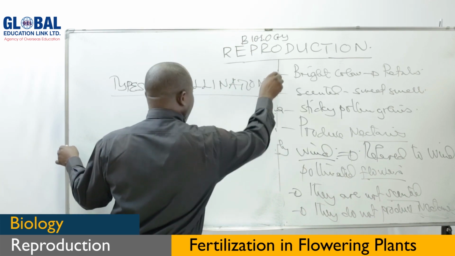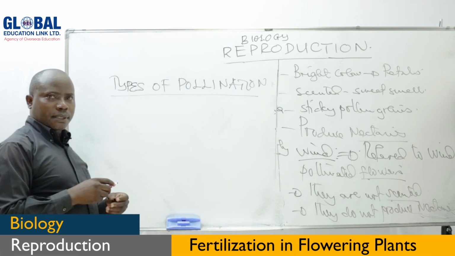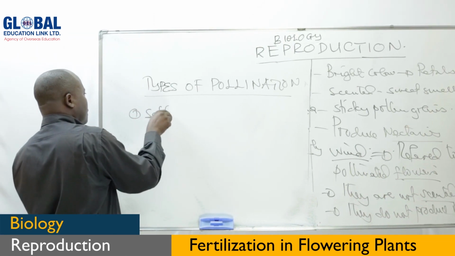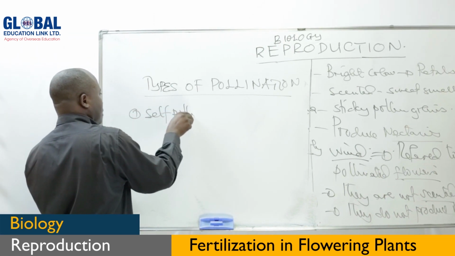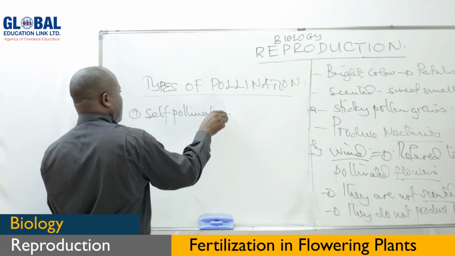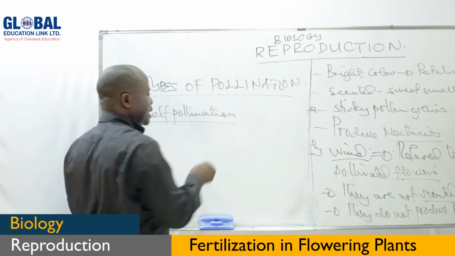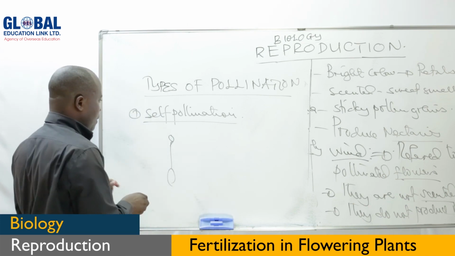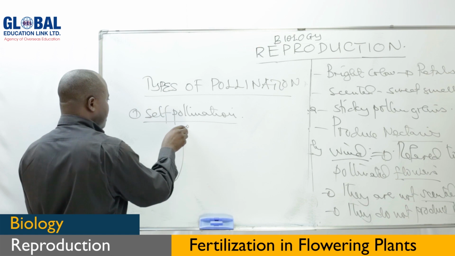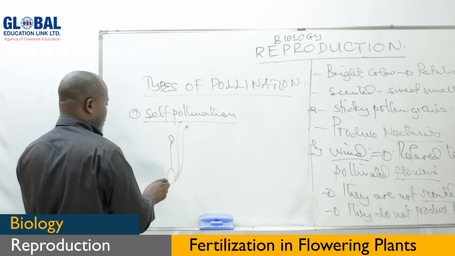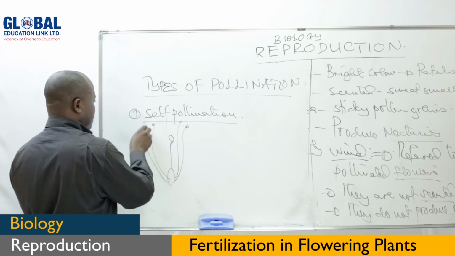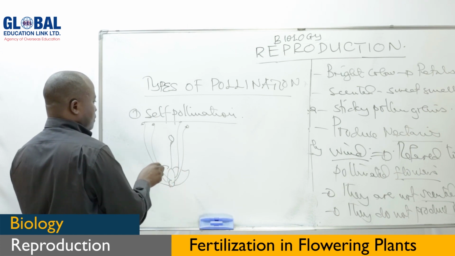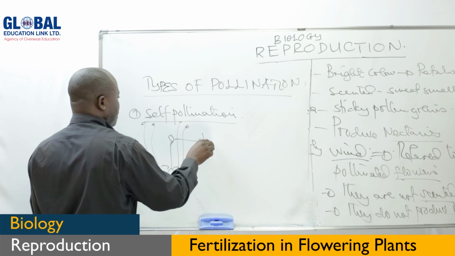When this occurs, it has two types. The first one is self-pollination. Consider this sketch of the flower with these anthers. This being the stigma.